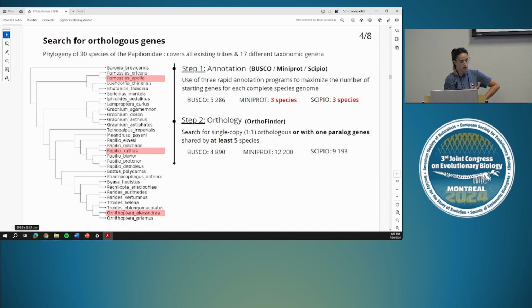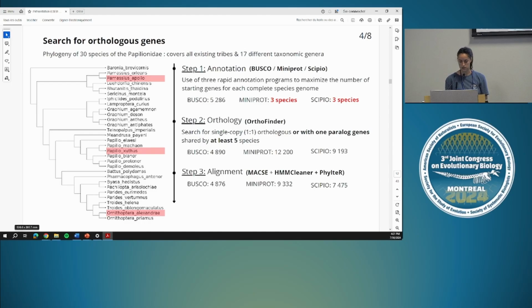This step enabled us to recover a number of orthologous genes from among genes annotated by Busco, Miniprot, and Scipio. Then we had to align them and clean them, which reduced the number of orthologous genes for each.